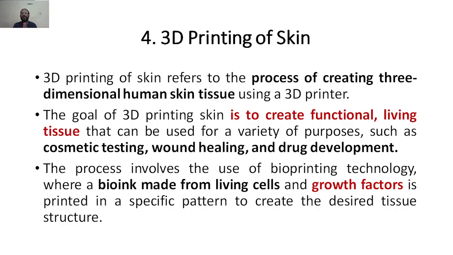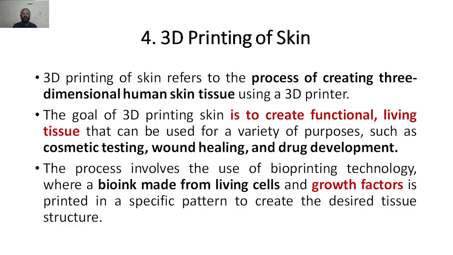So how does the process usually go? Here again it is the normal bioprinting technology we studied so far for ear and bone, but here the bio ink is made up of living cells. There also it was living cells, but here one extra factor is growth factors. There we used some other biomaterials, like biopolymers, ceramics for bone.